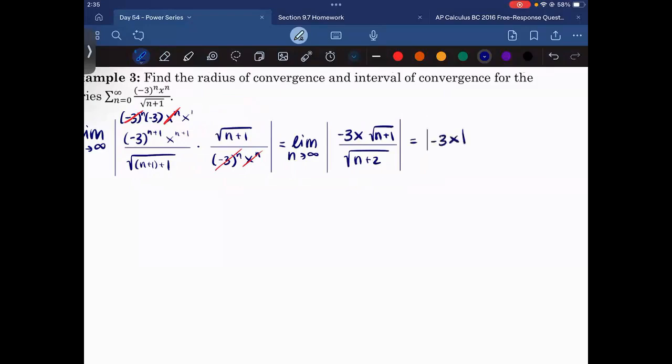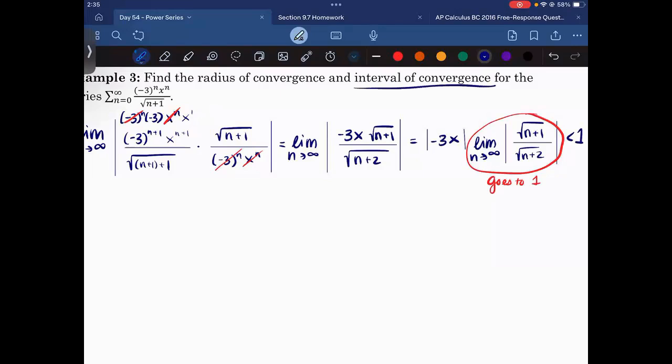Because it really doesn't matter for this limit, because the limit only affects the n value. So as n approaches infinity of the absolute value of these square root of n plus 1 and n plus 2, this is going to affect itself. So that's why I'm kind of splitting it off. So this right here is going to go to 1, which is great for us. And we know that's going to be less than 1 to be on the interval of convergence. That's where it converges for the ratio test.